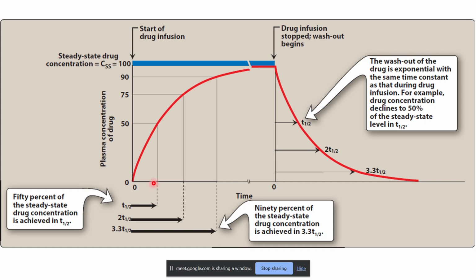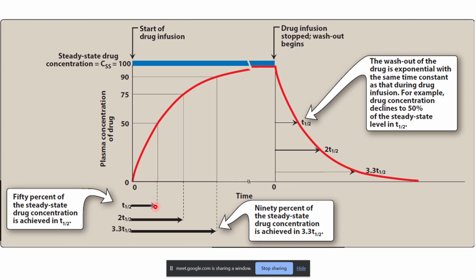This time is constant for the particular drug, so it doesn't depend on the concentration of the drug. We will always reach this time in, for example, 2 hours for the particular drug.